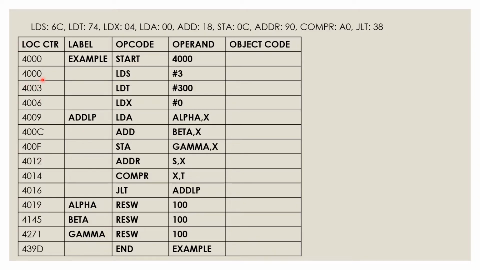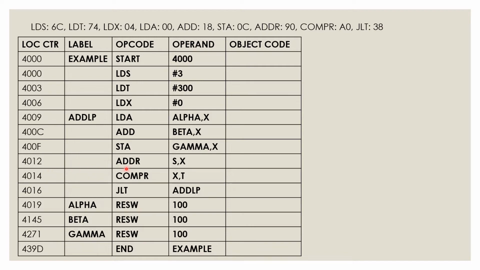By adding 3 bytes to 4000, we get 4003. Since it is format 3, again we add 3 bytes and get 4006, then 4009, then 400C. In a similar way, it is 400F, next 4012.